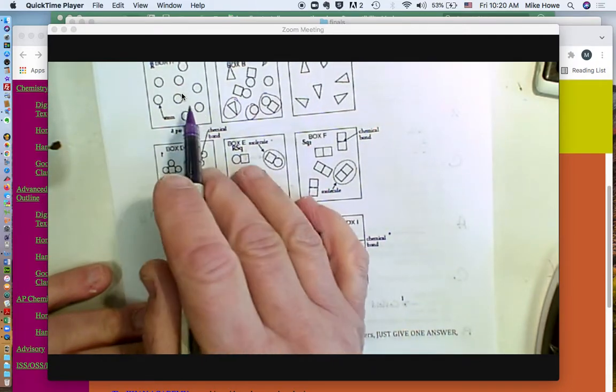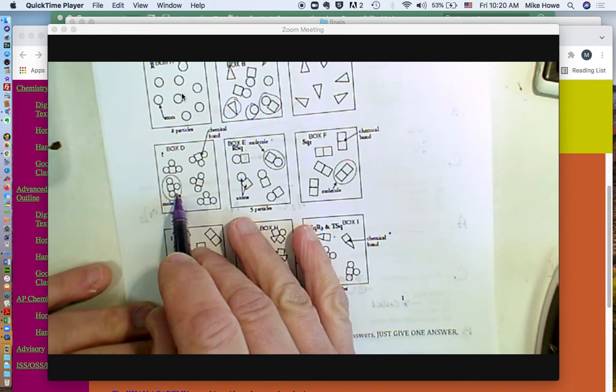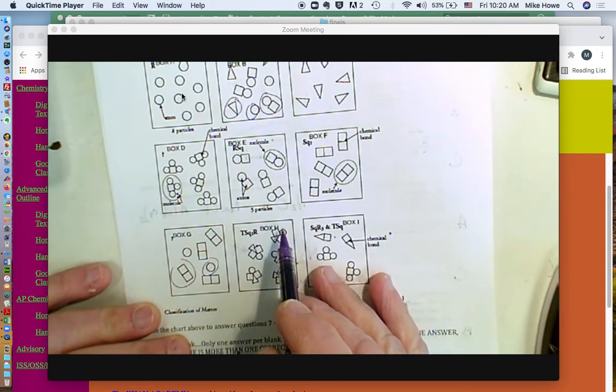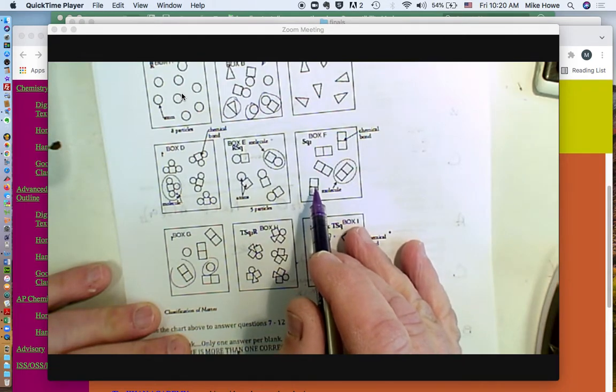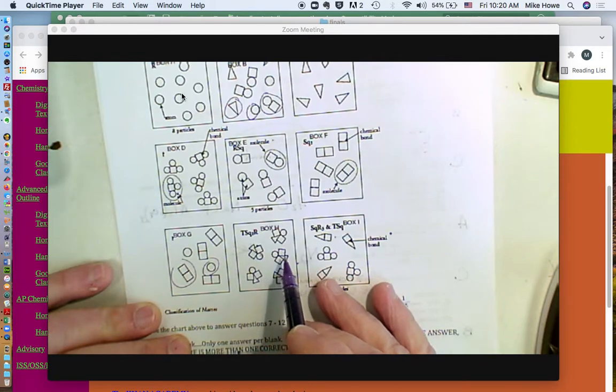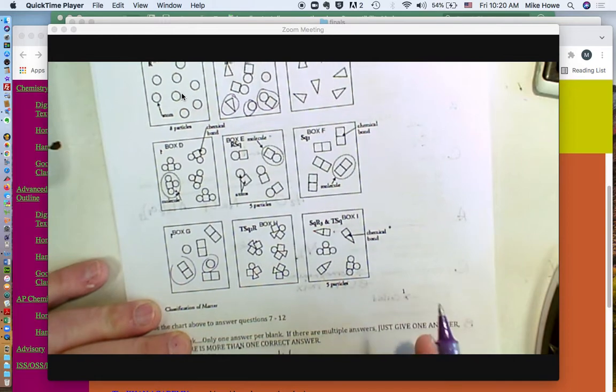Only compounds, well, lots of them fit that. Because this is elements, and that's elements and compounds, that's element, but that's only compounds because those 4, 5 particles are all the same. Only compounds. This is not a compound because these atoms are the same. It's an element. But this is a compound. This box contains a mixture of compounds, but still it only has compounds in it.